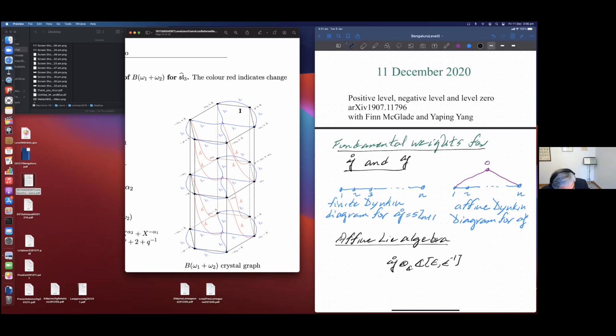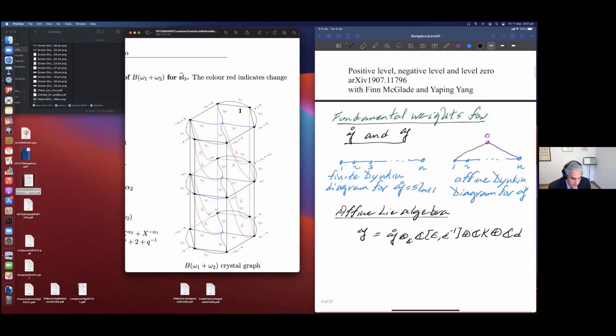And then you will naturally consider a central extension, not tensor product, direct sum, of that loop Lie algebra. And it's very convenient to add a derivation in order to make it Kac-Moody. So this is the object that we're talking about.